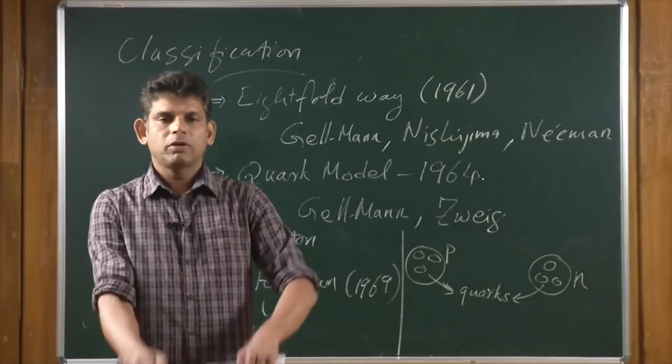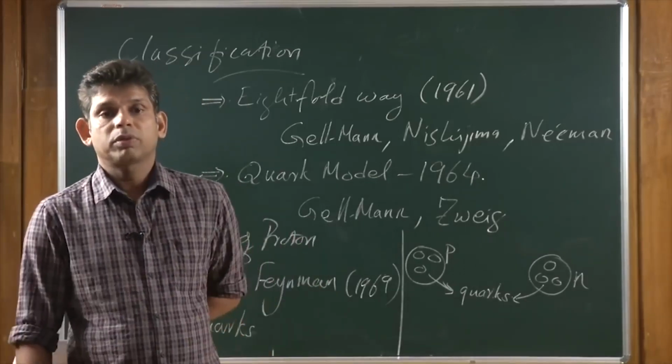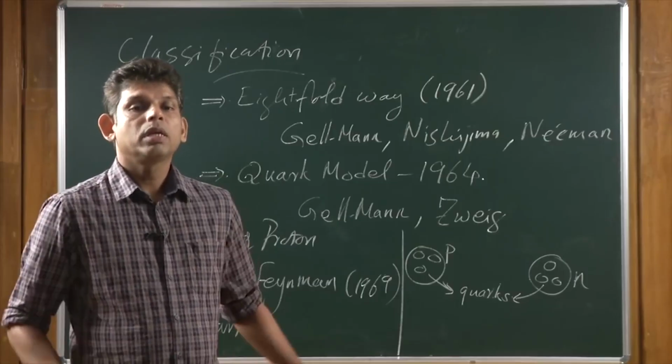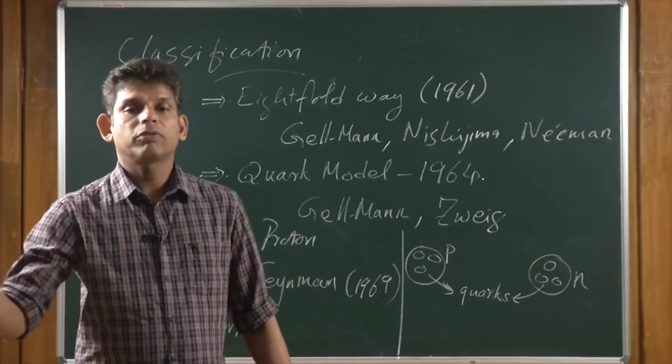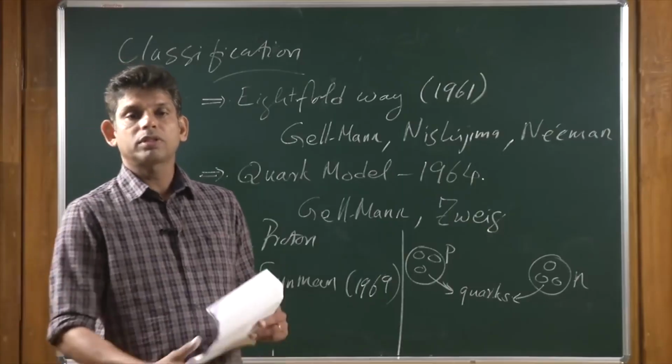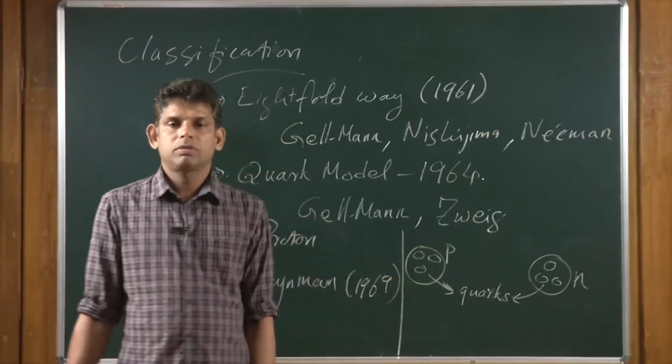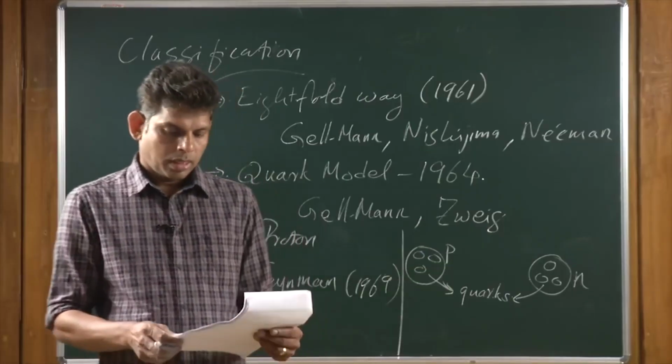So, there must be different combinations, there must be many different types of these quarks and different combinations of them, so that a proton is a proton and is different from a neutron. Otherwise, if it is all the same type and the same number of these things, then how will they differ from each other?